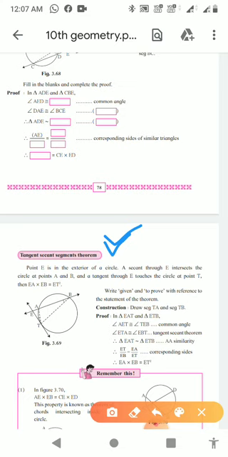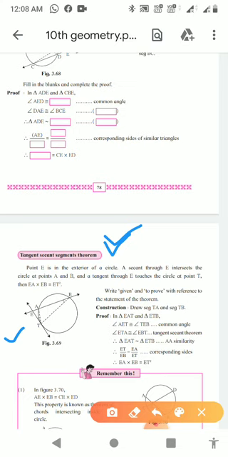In the tangent second segment theorem, point E is in the exterior of the circle, as in this diagram. A secant through E intersects the circle at points A and B, and a tangent through E touches the circle at point T. That means from this exterior point one secant is passing and one tangent is passing.